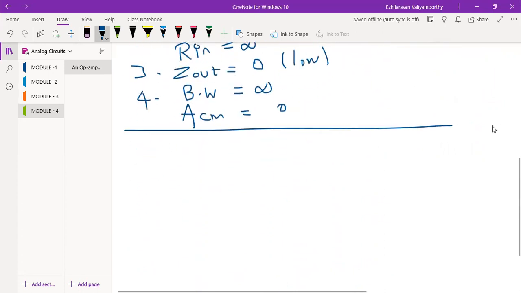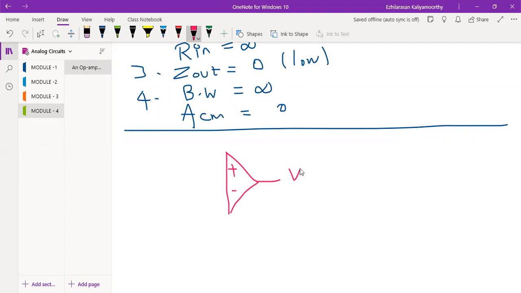Okay, let us consider the operational amplifier. This is plus, this is minus, this will be your V naught. Now, two terminals are there. I need to give the input to any one of the terminals, inverting or non-inverting.